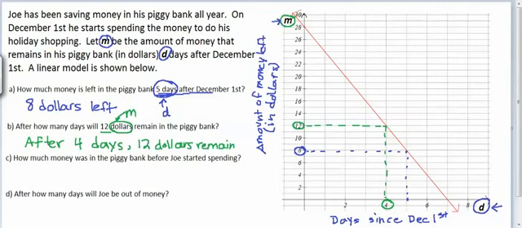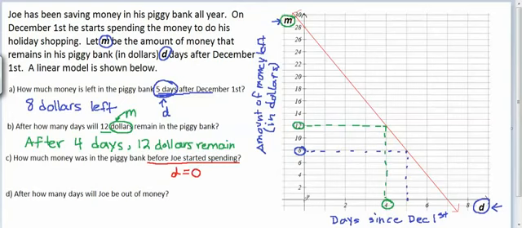All right, let's switch colors again and look at part C. Part C says, how much money was in the bank before Joe started spending? So before Joe started spending, so when was that? What day was that? If we're counting the days since he began spending, well, before he started spending, that would be on day 0. In other words, D equals 0.